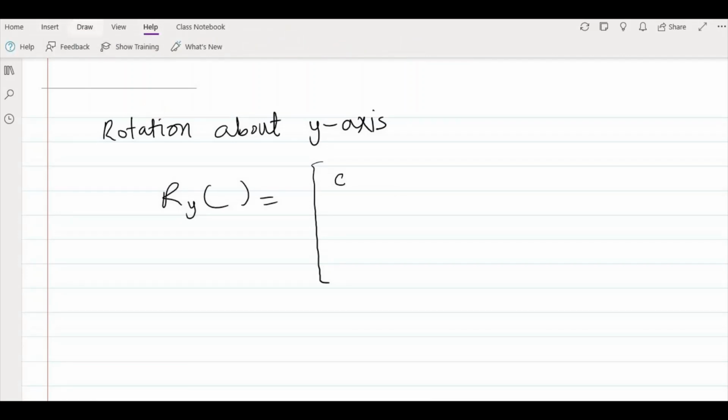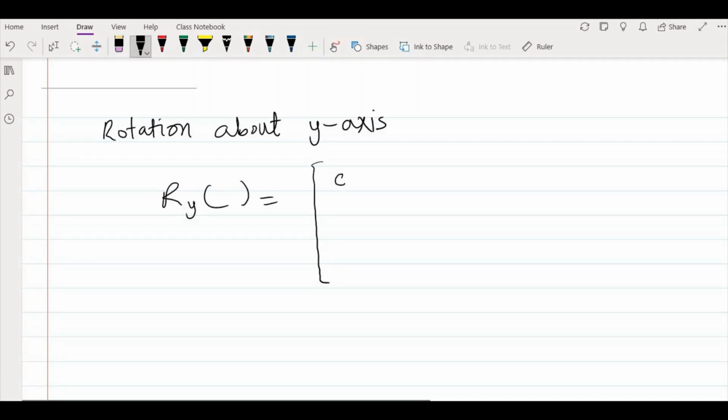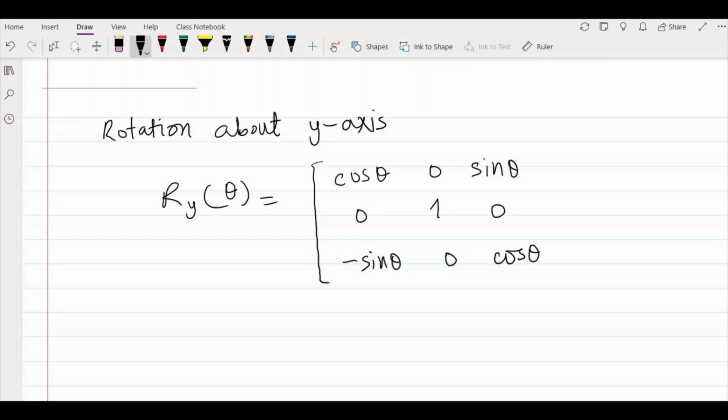So we call it cosine theta, and then we have 0, then we have sine theta, and then 0, 1, 0, and we have minus sine theta, 0, cosine theta. So this is the rotation matrix for rotation along y-axis, or rotation about y-axis.